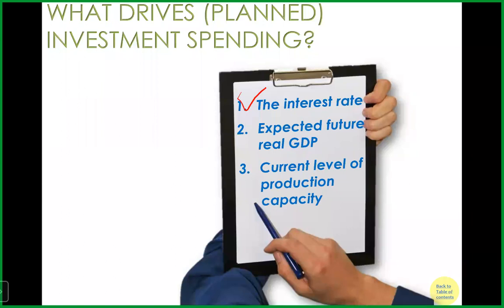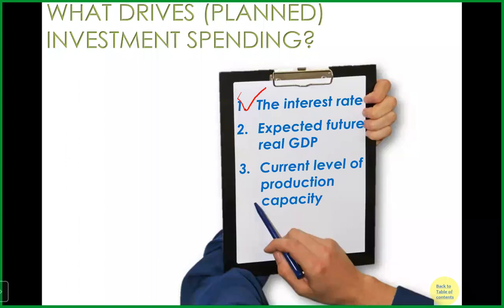Does it make sense? On the other hand, you are expecting recession is coming. Do you want to expand your business? Not really. There's no point, right? Because you know in the future the demand will be weak. If you are a restaurant owner, you don't want to expand your capacity, right?